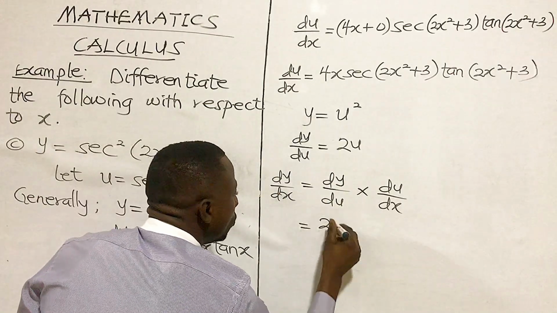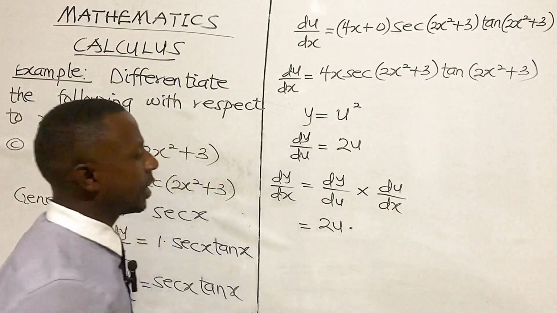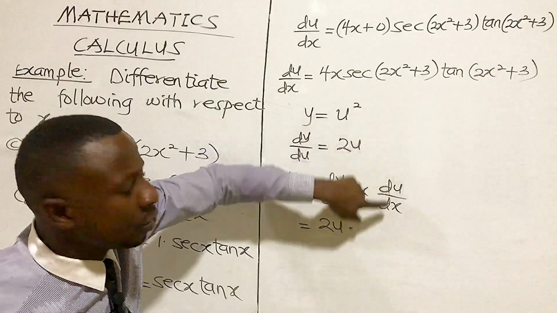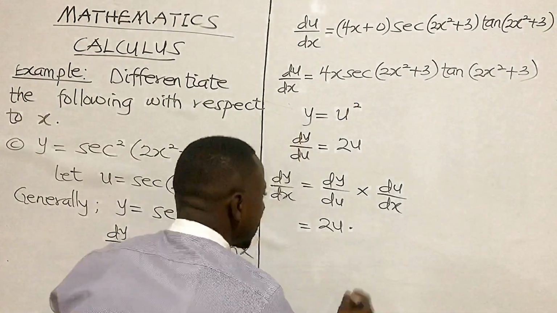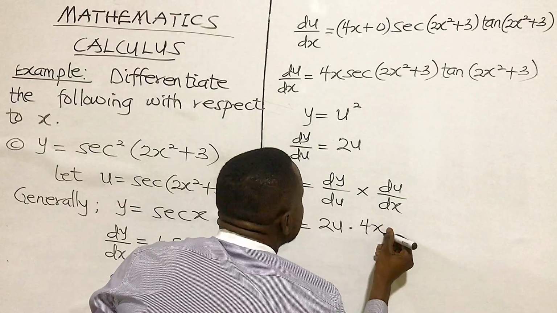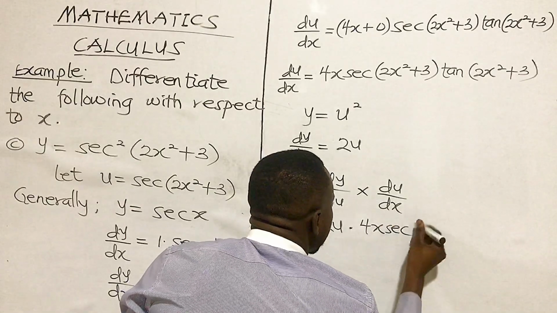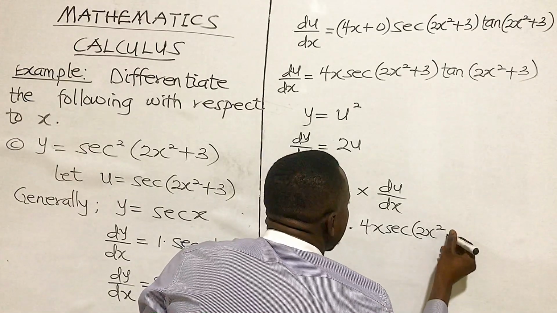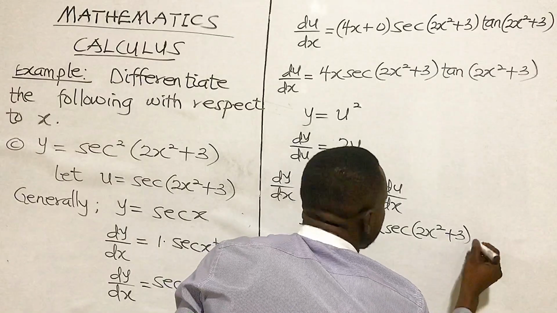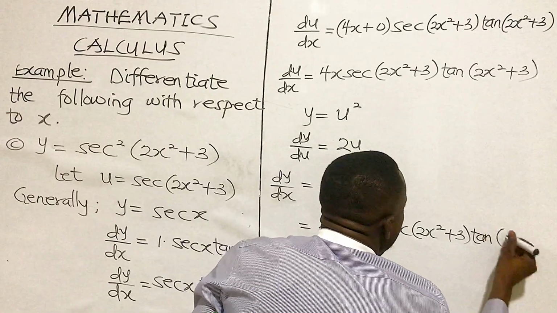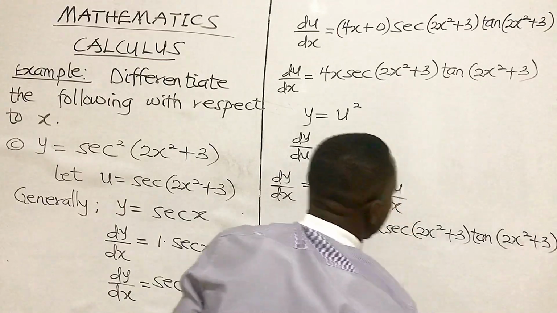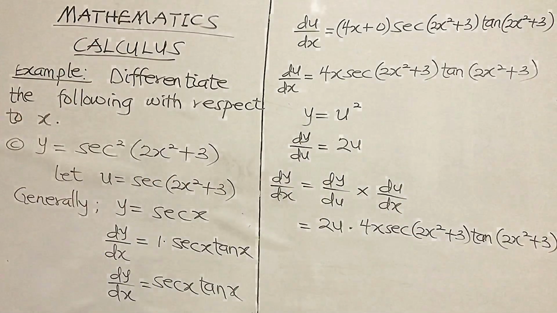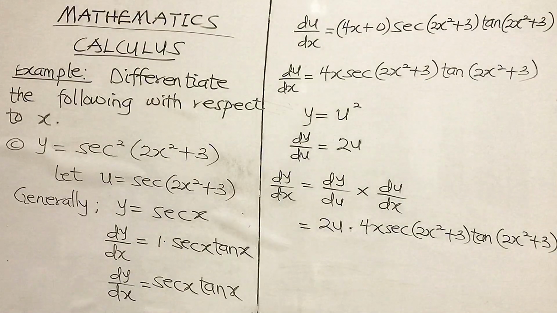So I have 2u multiplying, and I have du over dx to be the whole of this, which is 4x sec of 2x squared plus 3 multiplying tan of 2x squared plus 3.